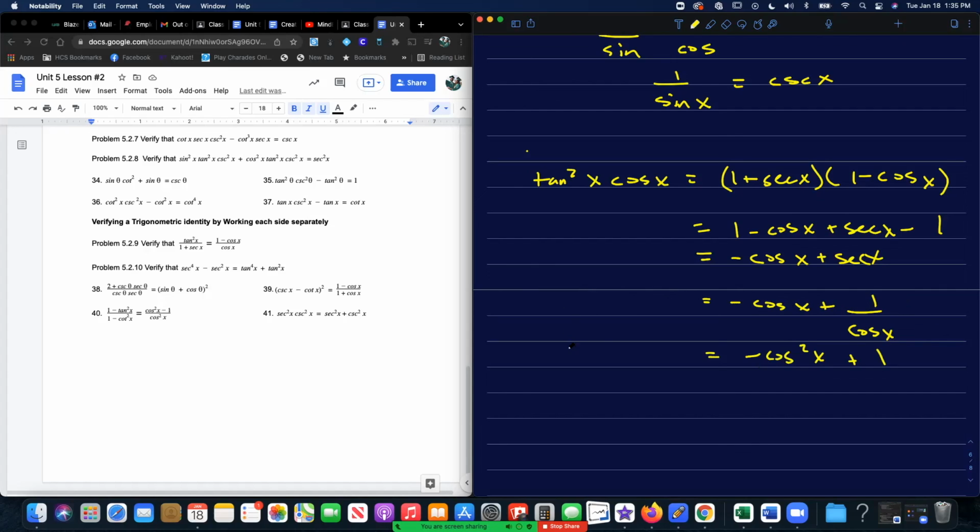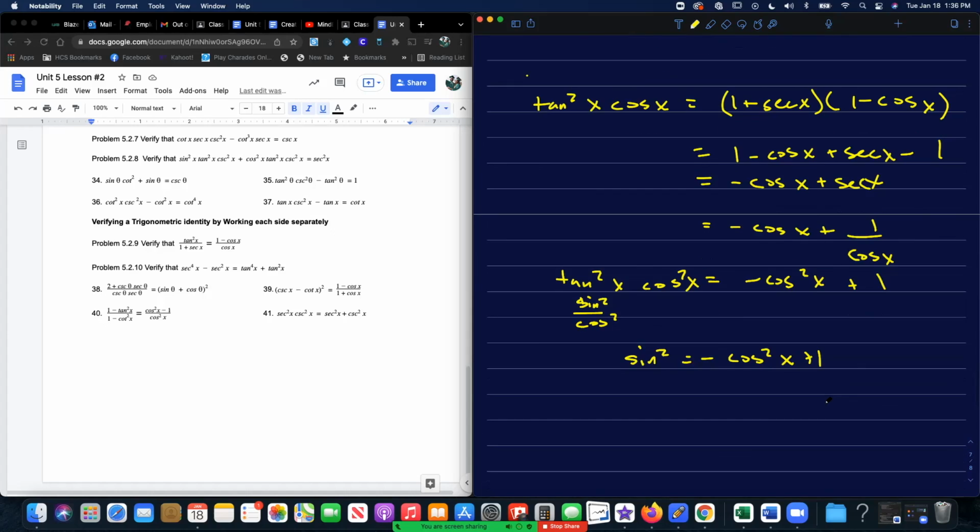And on the left side, you'd have tan squared x cosine squared x, which if you think about it, tan squared would be sine squared over cosine squared, and the cosine squareds would cancel, so you're left with sine squared equals negative cosine squared x plus 1, which is an identity, right? 1 minus cosine squared. So sine squared equals sine squared x.